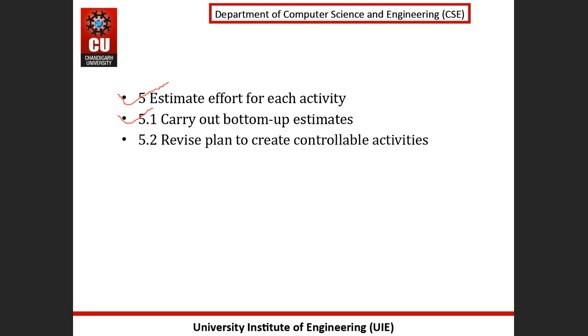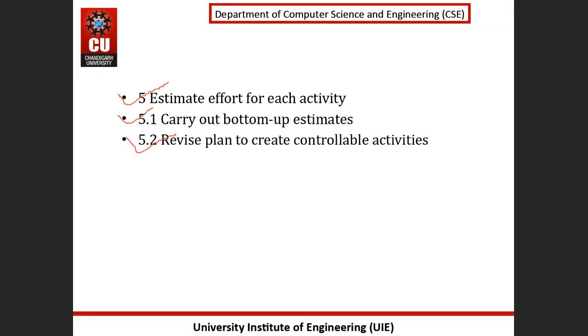After that, we will revise the plan to create controllable activities. The estimates for the individual activities could reveal that some are going to take quite long, some are short. Long activities make a project difficult to control. If an activity involving system testing is to take 12 weeks, it would be difficult after 6 weeks to judge accurately whether 50% of the work is completed or not.